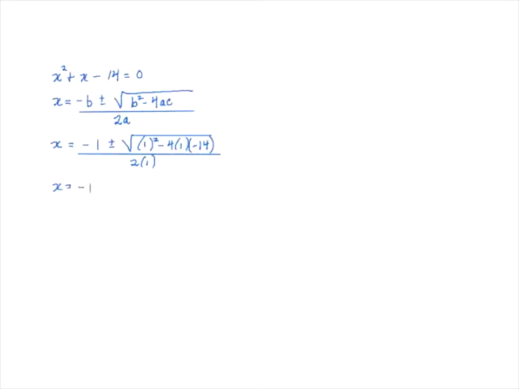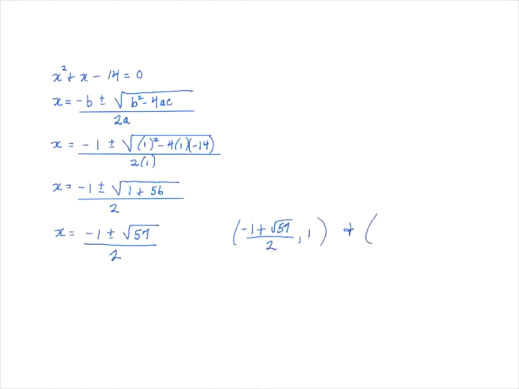x equals negative 1 plus or minus the square root of, that becomes 1 plus 56, all divided by 2. As a result, when we simplify that, we have x equals negative 1 plus or minus the root of 57, all divided by 2. So another set of invariant points will occur at negative 1 plus the root of 57, all divided by 2 and 1.